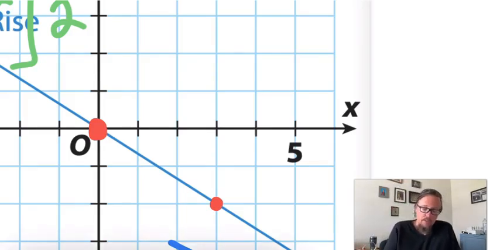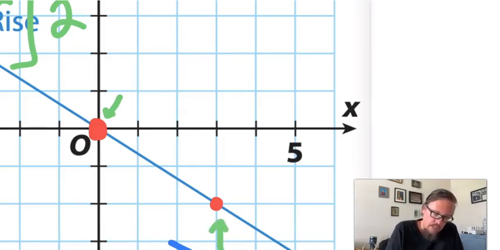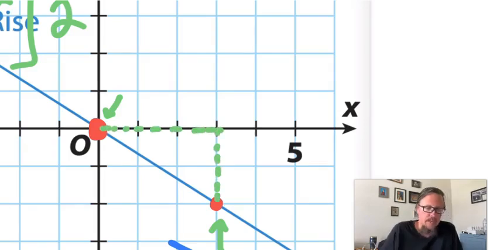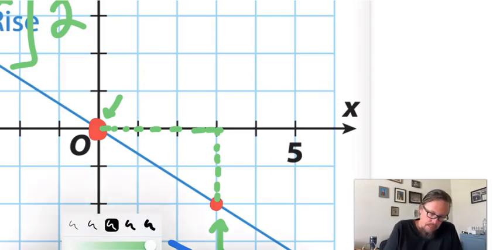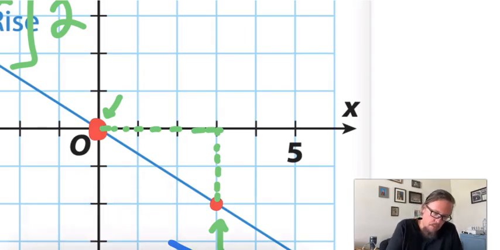Now I'm going to count the rise over run, reading from left to right. I'm going to start with this point right up here at the top. That's going to be my first point, and I'm going to end with this point because I'm reading the graph left to right. Let's count how many squares I have to go over. I'm going to go this way and then this way. 1, 2, 3 squares. That's my run. My run is 3.